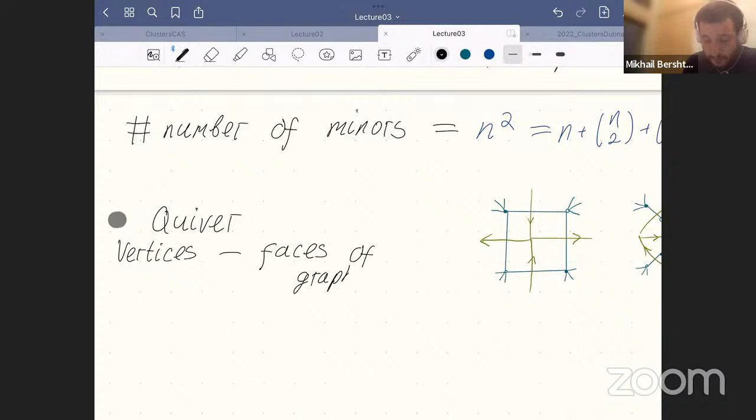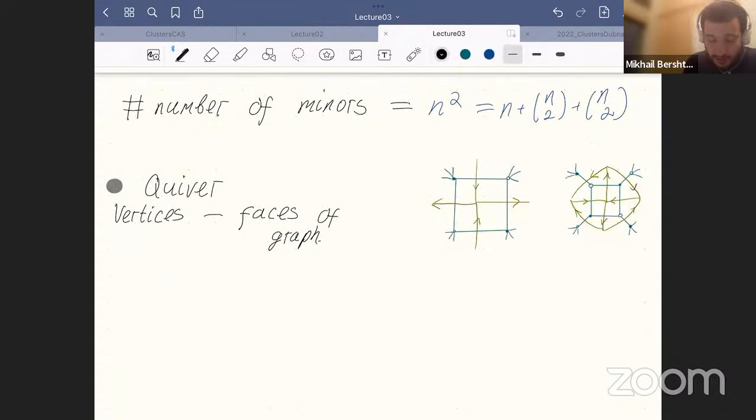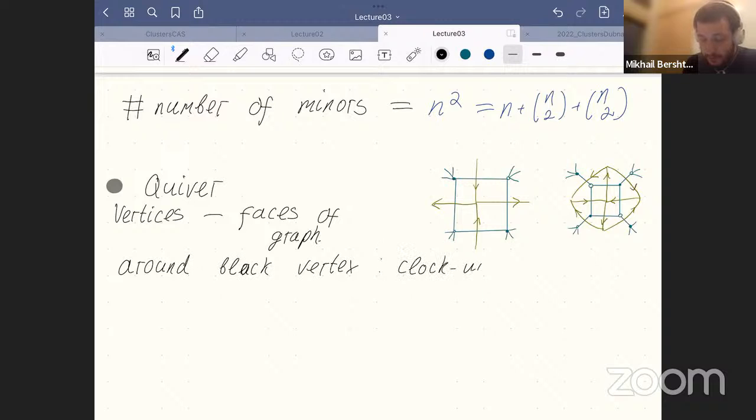And edges are oriented like this: around a black vertex, edges go clockwise, and around a white vertex, counterclockwise.